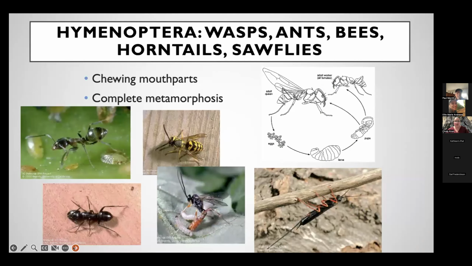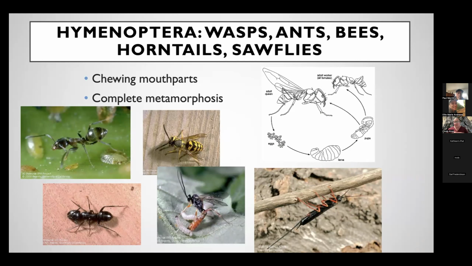Okay, so they have chewing mouthparts, and they go through complete metamorphosis. As you can see here, you have the adult queen. She lays eggs, the larvae, the pupa, and they turn into adult workers as females. When you're thinking of ants, it becomes more complicated.